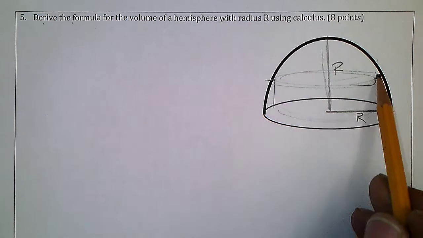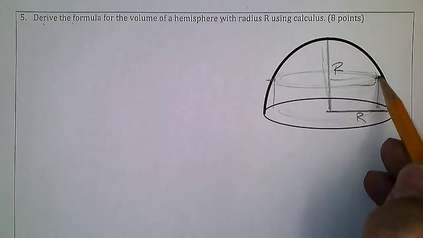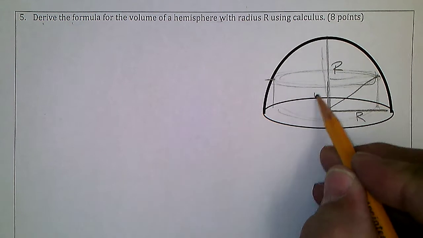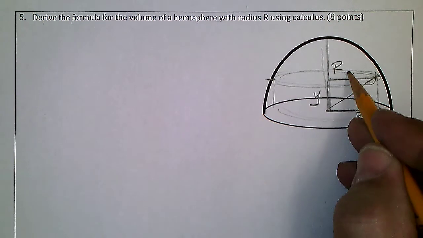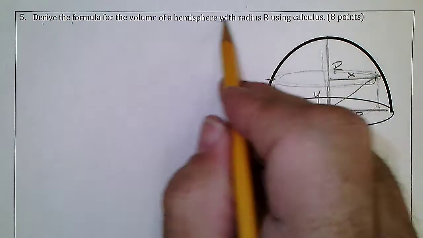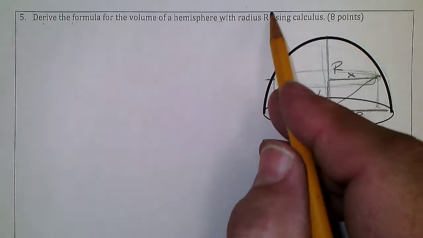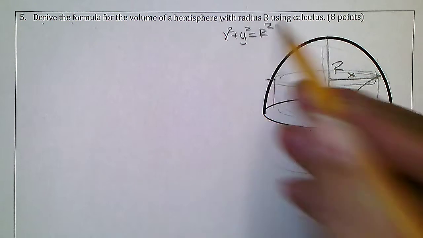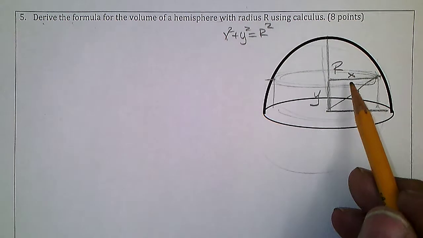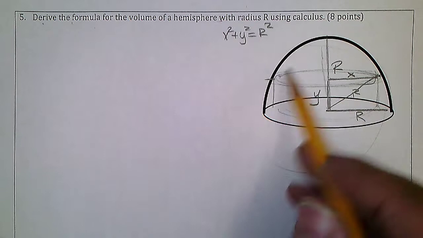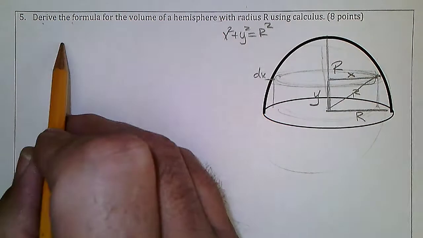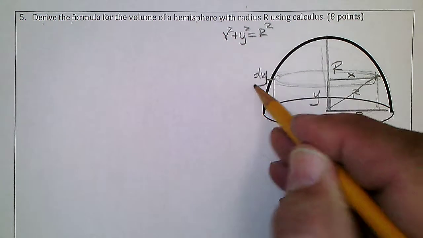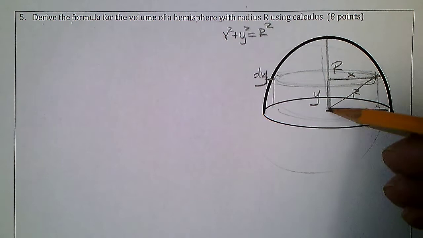So first of all, if I do the disk method, this radius is not this radius. That's the radius. If I make this the y-axis, that would be y. This would be x. And the formula for a circle that has a radius r is x squared plus y squared equals r squared. So if I do the disk method, the thickness is dy, so I integrate y from 0 to r.